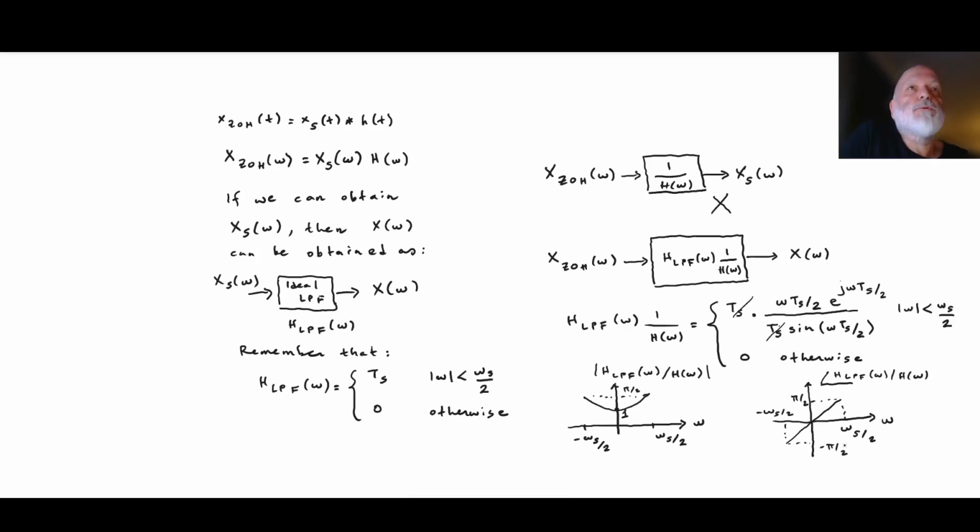Now, in order to summarize what we have done in this model for the sample and hold approach, the sample and hold signal, which is x_ZOH of t, can be obtained very easily by means of the sample and hold operation.